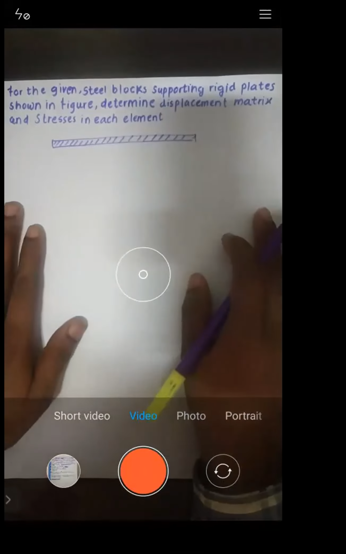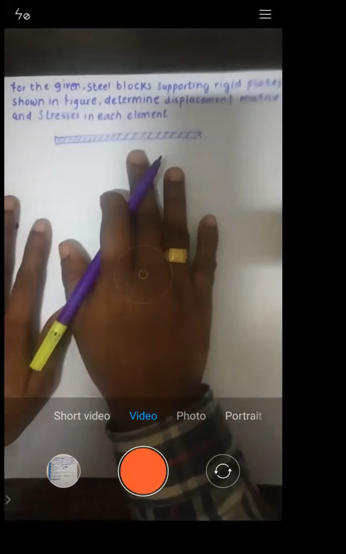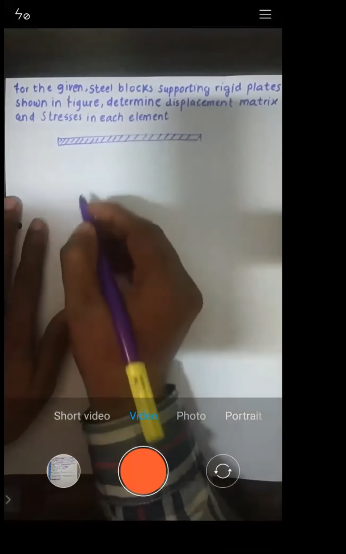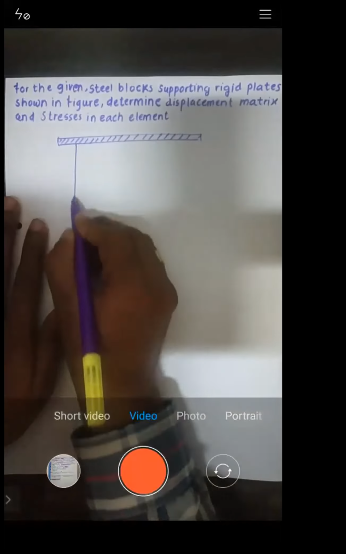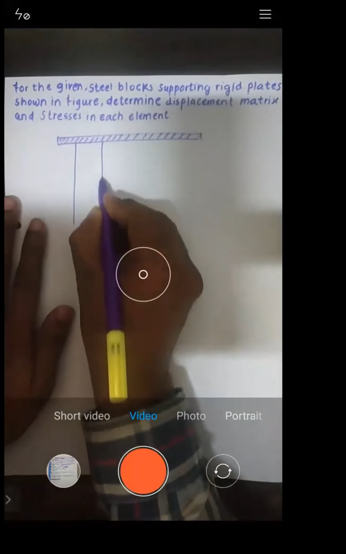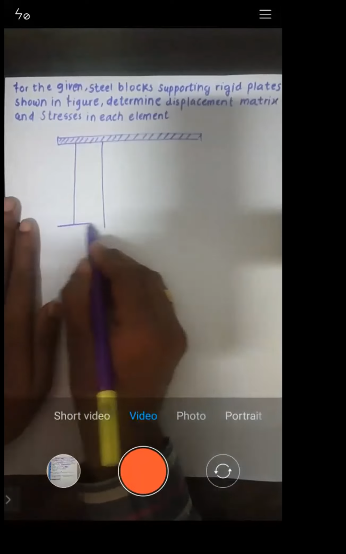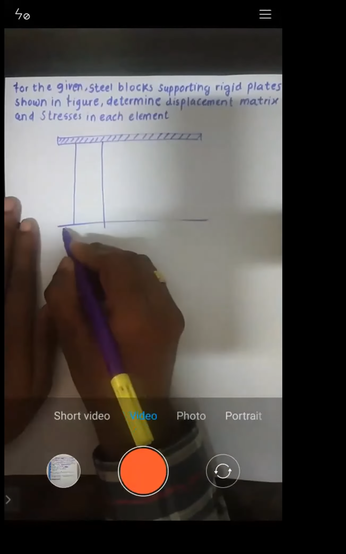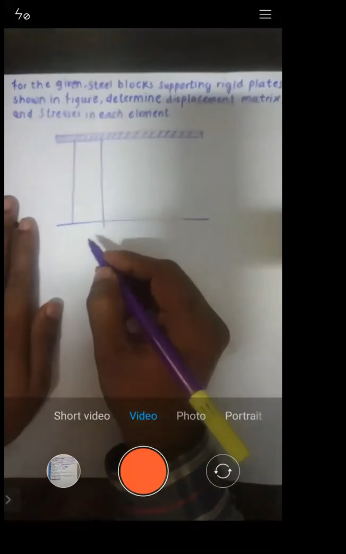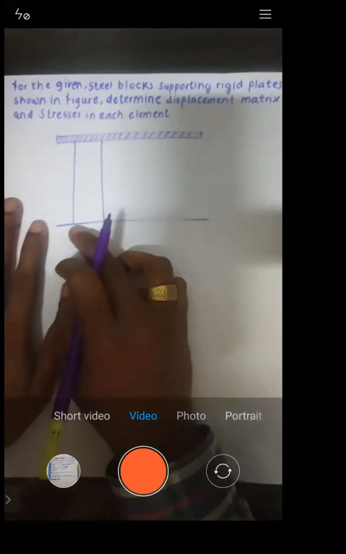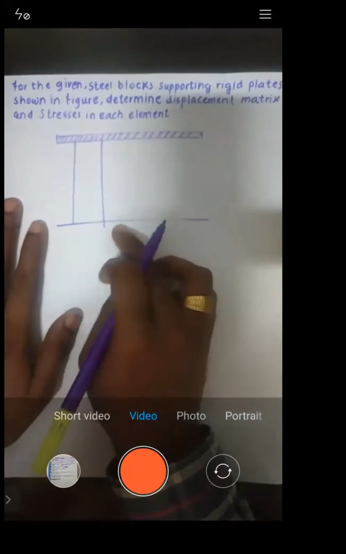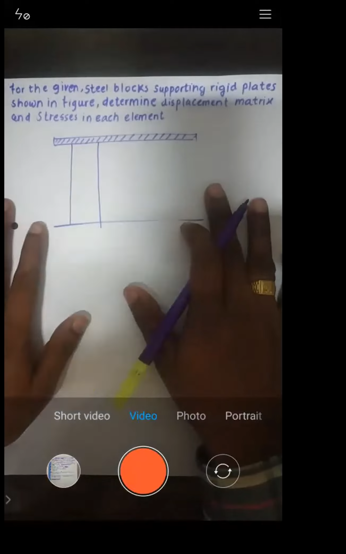Let's see this first block. This is basically the ground. This is your ground plate, or basically it is your ground. This is one plate.